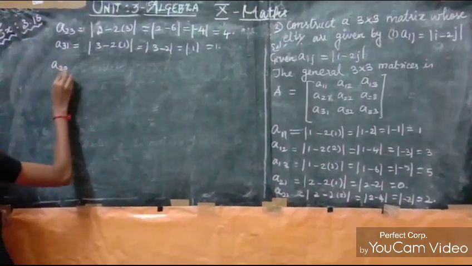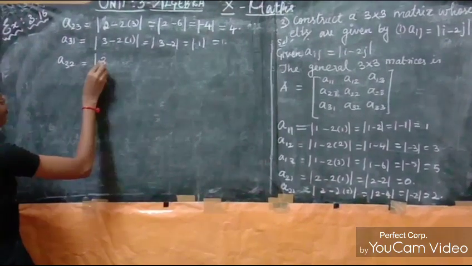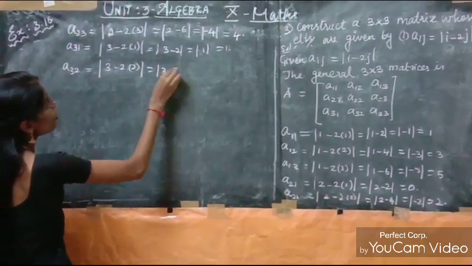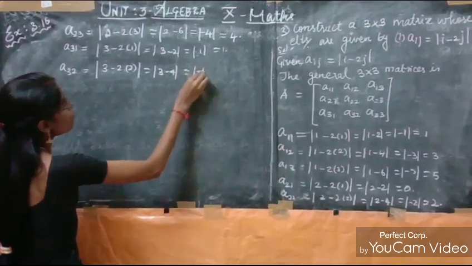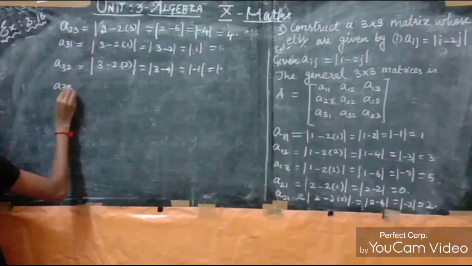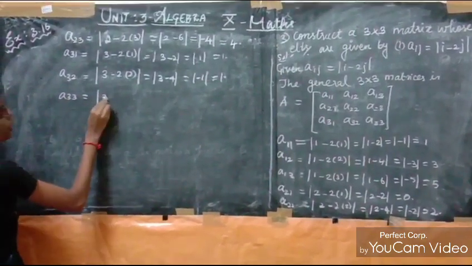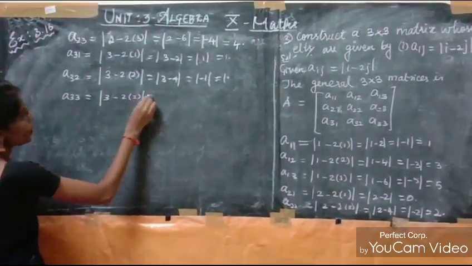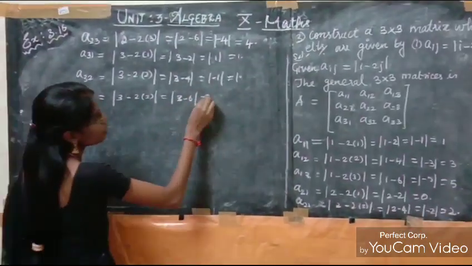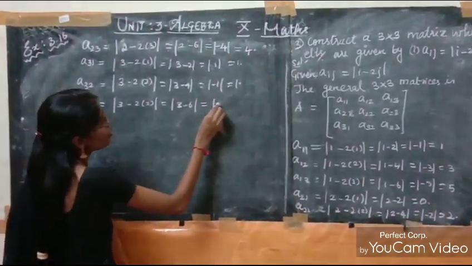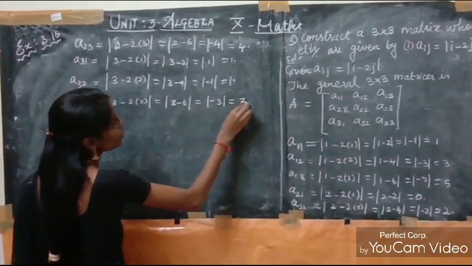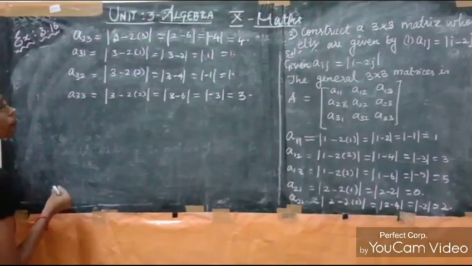Then A32, 3 minus 2 into 2, 3 minus 4, the value is minus 1, modulus 1. A33, 3 minus 2 into 3, 3 minus 6, 3 minus 6 is minus 3, the value is plus 3.